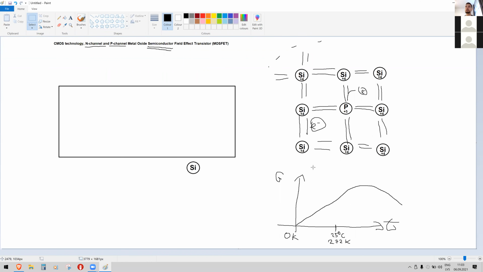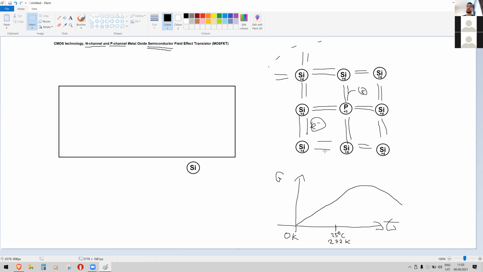Again, if you freeze this piece of material to 0 kelvins, the electron is only circulating around the core and doesn't conduct electricity. But if you heat it up to room temperature, for example, it's hot enough for this electron to be almost all the time wandering around in the lattice, okay?